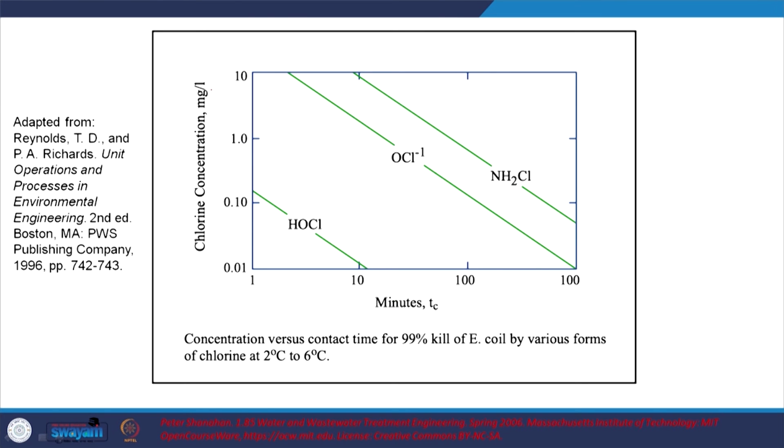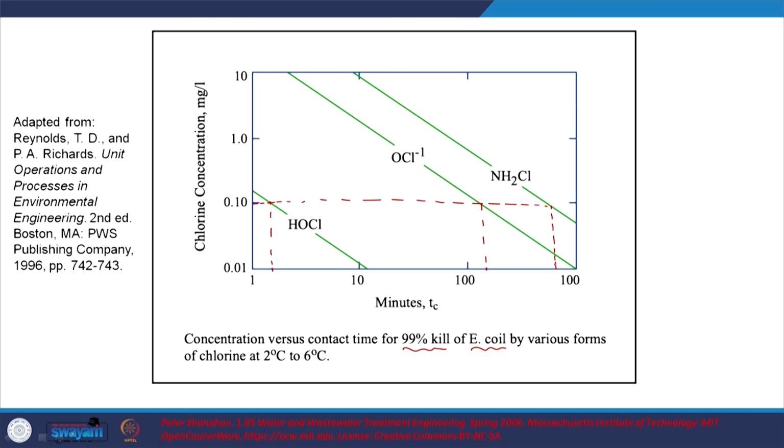Here we have the effective chlorine concentration on the y-axis and the contact time in minutes on the x-axis. Chlorine concentration versus contact time to achieve 99% kill of E. coli by various forms of chlorine. You can see HOCl requires very little time, OCl requires a lot more time, and the combined chlorine, NH2Cl chloramines, require much more time.